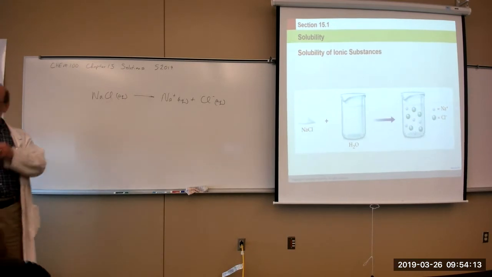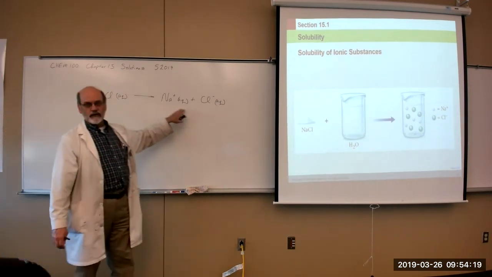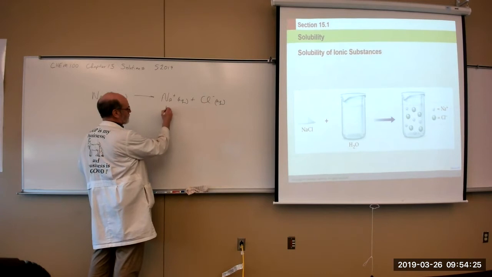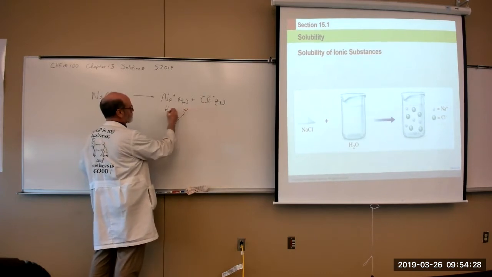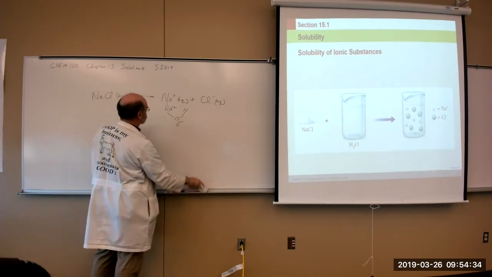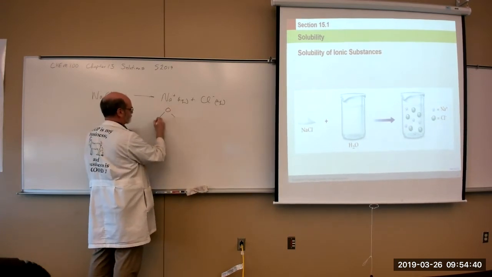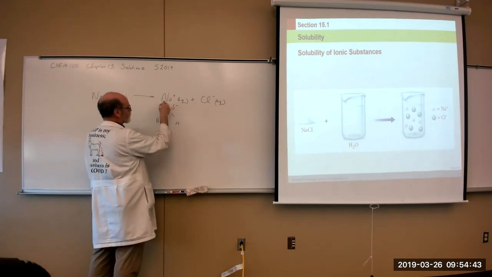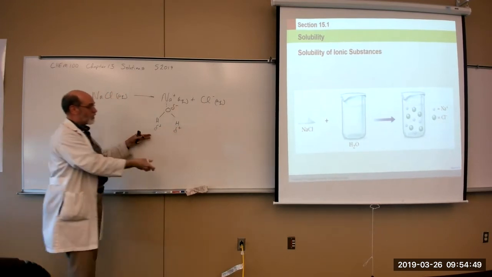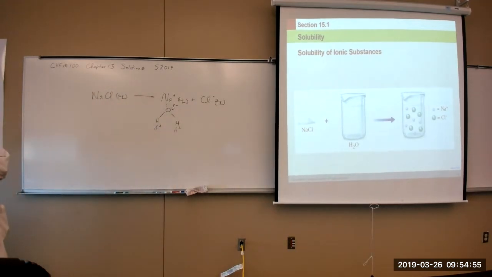That is, it has slightly positive on one side and slightly negative on the other side, and it associates well with ions. So the positive side of water will associate with that. The negative side associates with that positive. And then these positives will associate with other water molecules or with a chloride ion. And so it's purely electrostatic attraction.